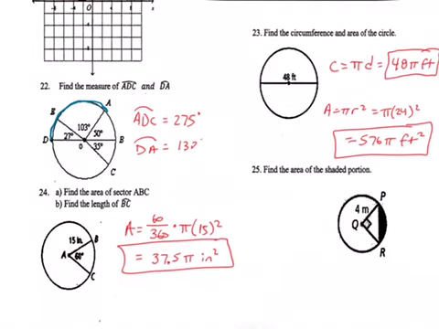And then your arc length, very similar. We're going to have 60 over 360 times circumference, so 2 pi times the radius of 15. In this case, your length should be right around 5 pi inches.